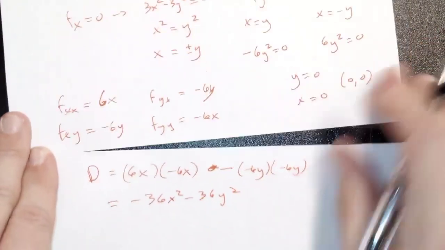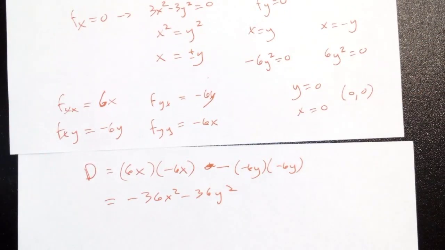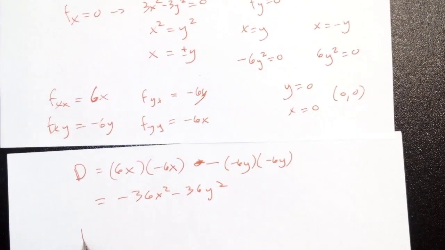What happens when you put in our critical point? In other words, in spite of all of that, this test didn't tell me, and there's a very good reason for that.